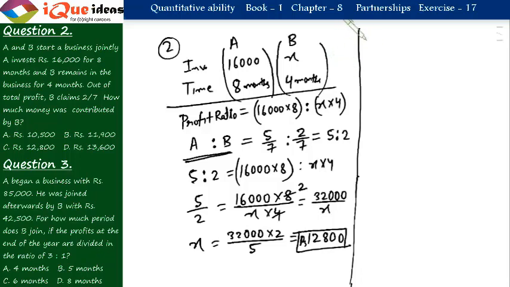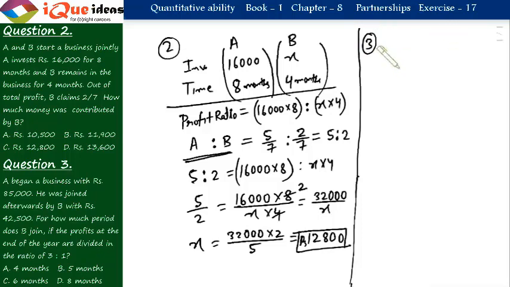Let's consider the third question. A began a business with rupees 85,000. He was joined afterwards by B with 42,500. For how much period does B join if the profit at the end of the year are divided in the ratio 3:1? Okay. So what it means is A remains in the business for the entire year and B comes later on.